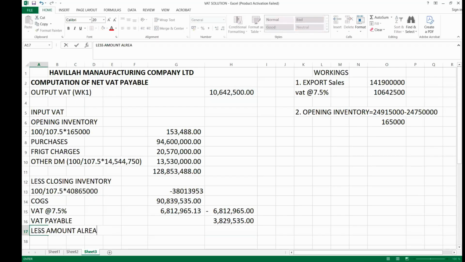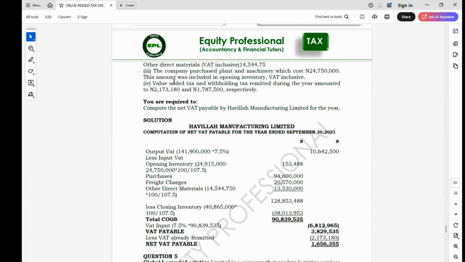We are told in the question that the company has already remitted certain amounts. So let us look at it. The question told us that the value-added tax and withholding tax remitted amounted to, so we are going to less the value-added tax remitted, which is 2,173,180.